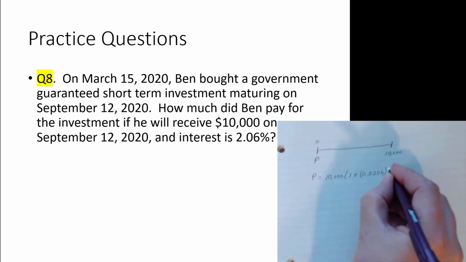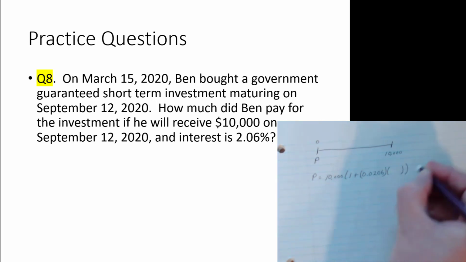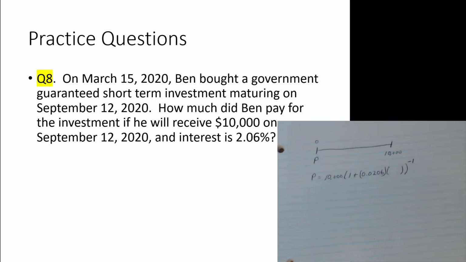What is R? 0.0206. And now we need to use the days between dates function to find out how long between the 2 days. You got 5 seconds, 6 seconds. Go!